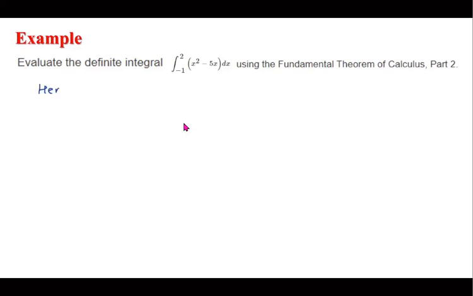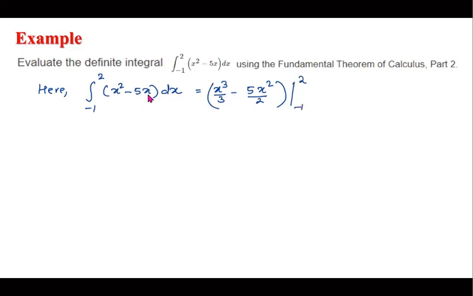So our definite integral is the integration from -1 up to 2 of x squared minus 5x with respect to x. This is easy. When you integrate x squared, it is x cubed over 3. And then minus, we use the power rule. Integration of 5x is 5x squared over 2. And we have to evaluate this between -1 and 2.